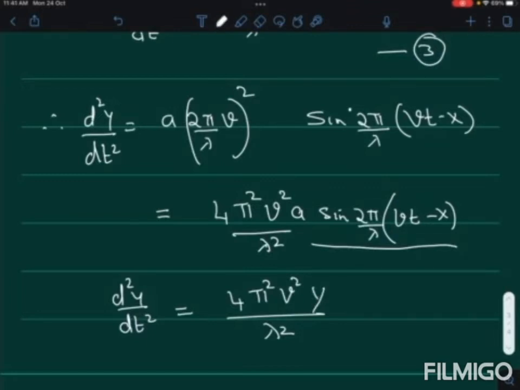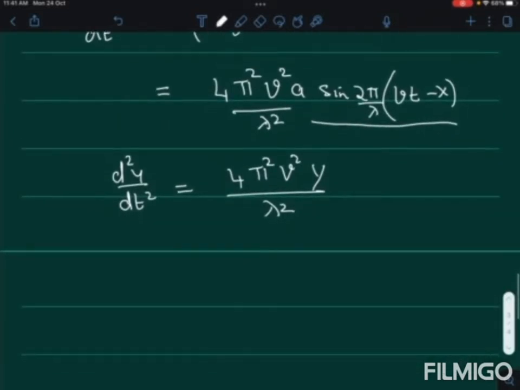Now we have to substitute for the work done. Assume that if the layer is displaced through a distance dy, the work done dW is equal to F dy.